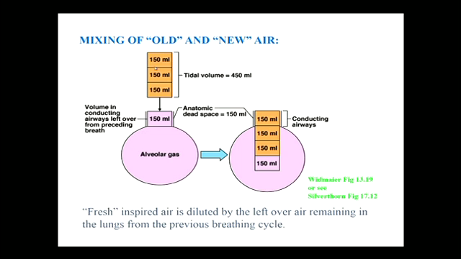So, fresh air, that is air from the atmosphere, lots of oxygen, virtually no CO2, is in orange, and each time you breathe it's about 500 mils. Now, it said 450, you'll see why, it doesn't really matter, just for the maths. And alveolar gas is going to be stale air in purple.